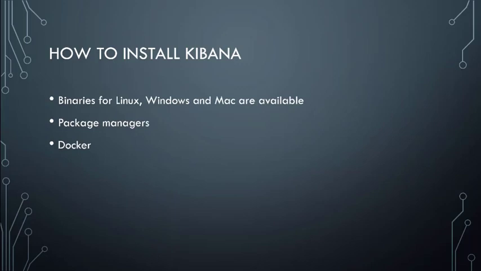However, Kibana is also available from package managers for Linux and Mac, and from Docker if you prefer. So let's get our hands dirty and install Kibana and test it out.